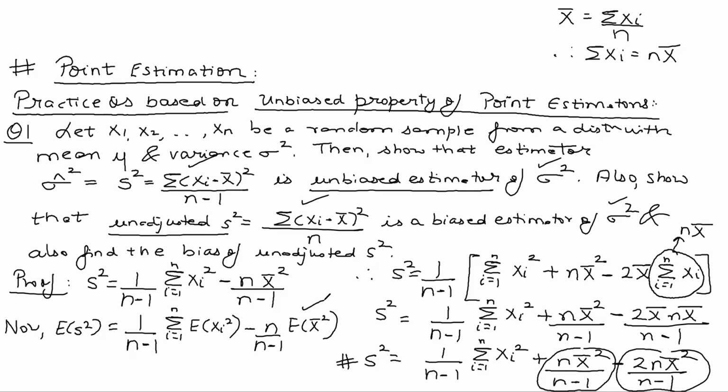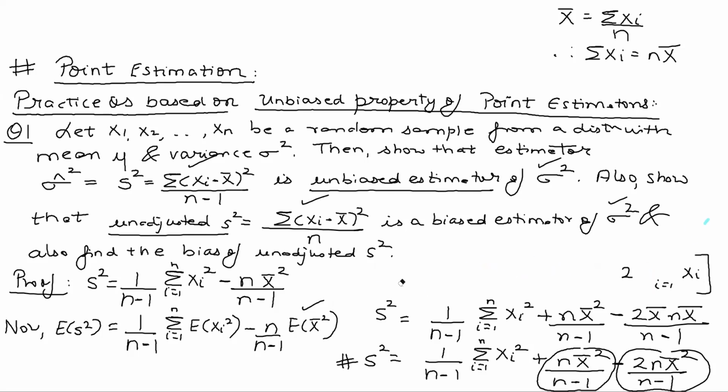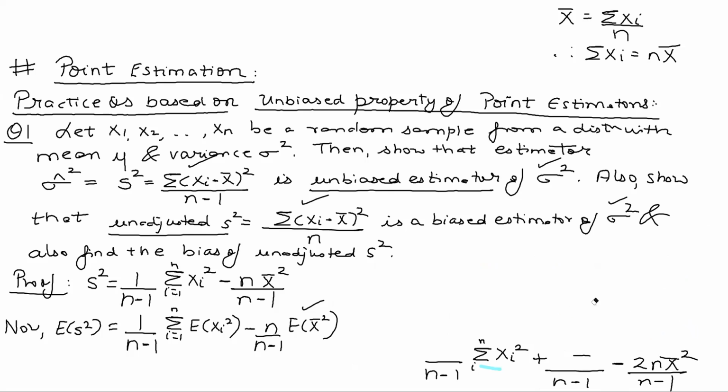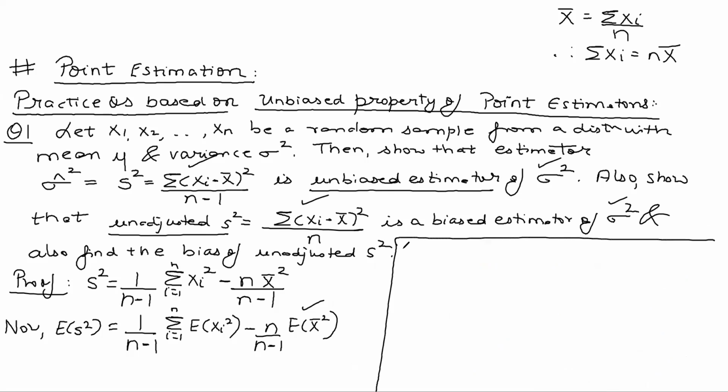Okay, now let's make some valid substitution. So I'm erasing everything on the right hand side. Let's erase all this. Let's make the valid substitutions now. So this becomes, so I can write it like this. Now, all of us know that variance of xi formula is expected value of xi square minus expected value of xi whole square.